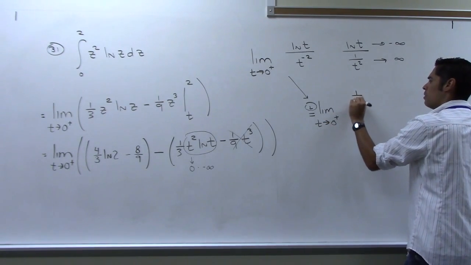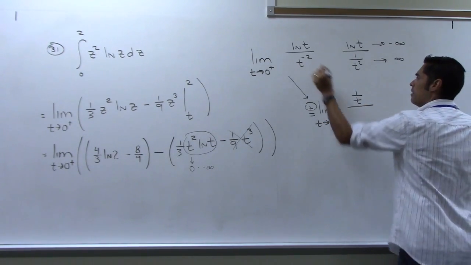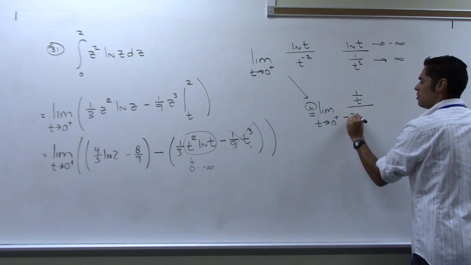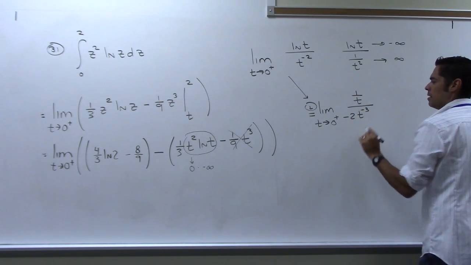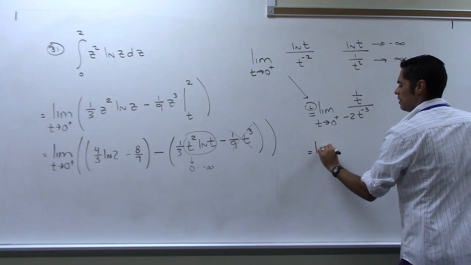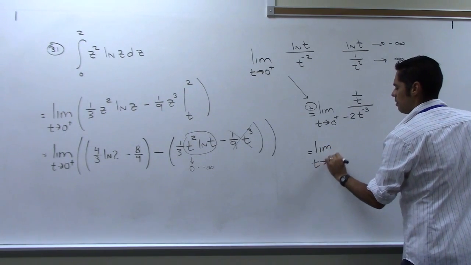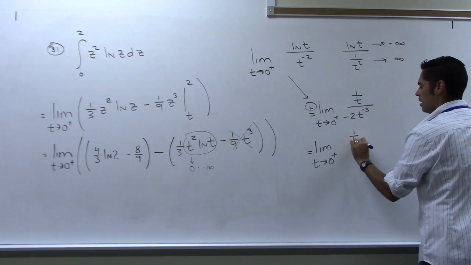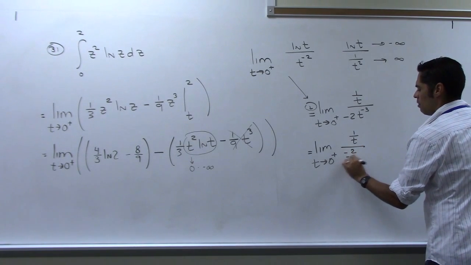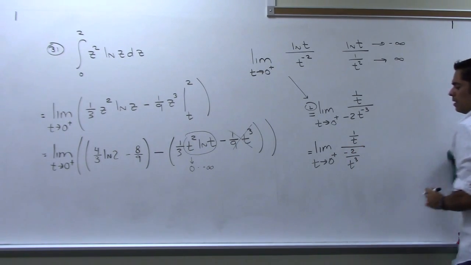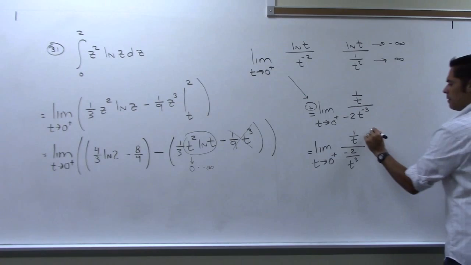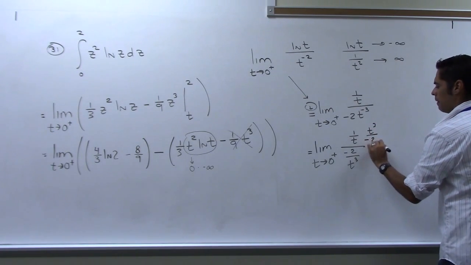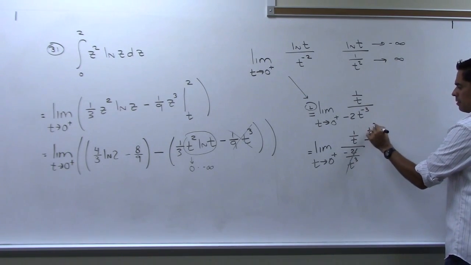Derivative of the top is 1 over t. Derivative of the bottom is negative 2t to the negative 3. So this is the same as limit t goes to 0 from the right, 1 over t over negative 2 over t cubed. And then when you flip that up, flip it, and then you can reduce the power.